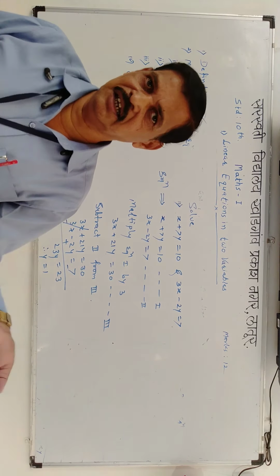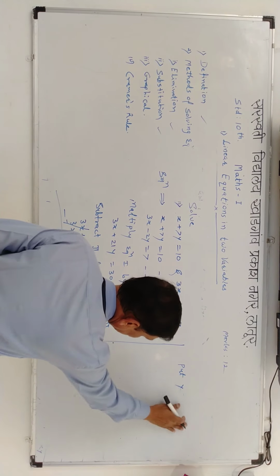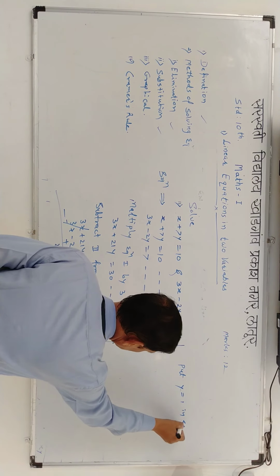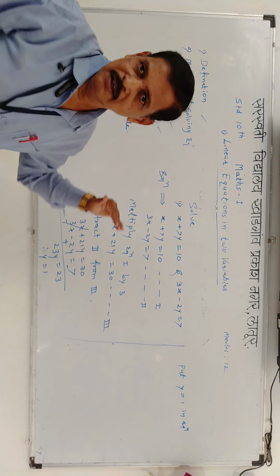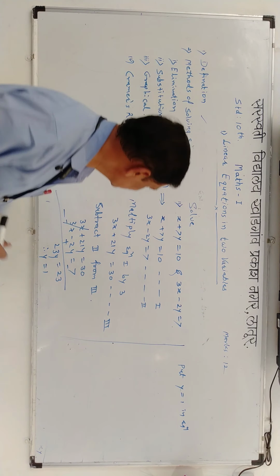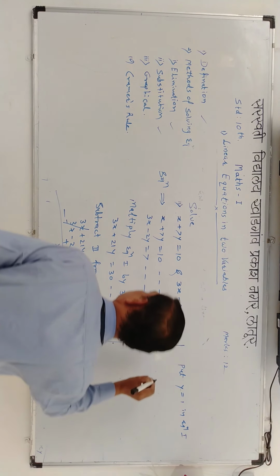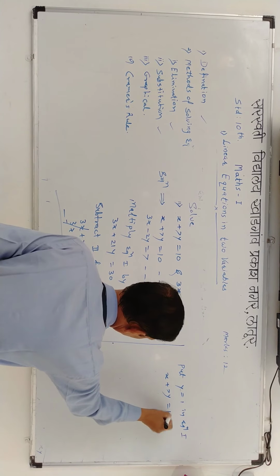Put y is equal to 1 in an equation. Which is the simplest equation, first or second or third? The first equation is simple. So put it in the first equation, x plus 7y is equal to 10.